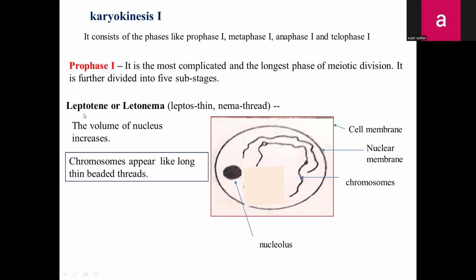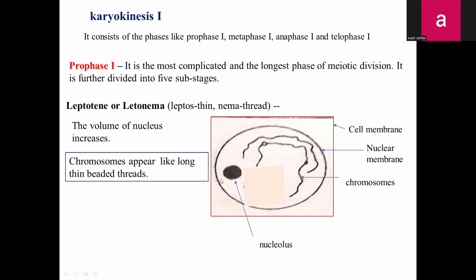First one is leptotene or leptonema. अभी ये lepto मतलब क्या है? Lepto मतलब thin and nema मतलब thread. So यहाँ पे leptotene में thin thread-like chromosomes are present. So we can see here in this diagram, cell is there. Outermost covering of cell is called cell membrane.